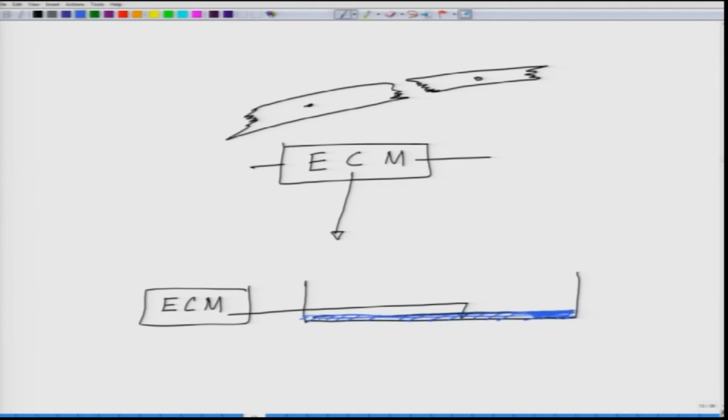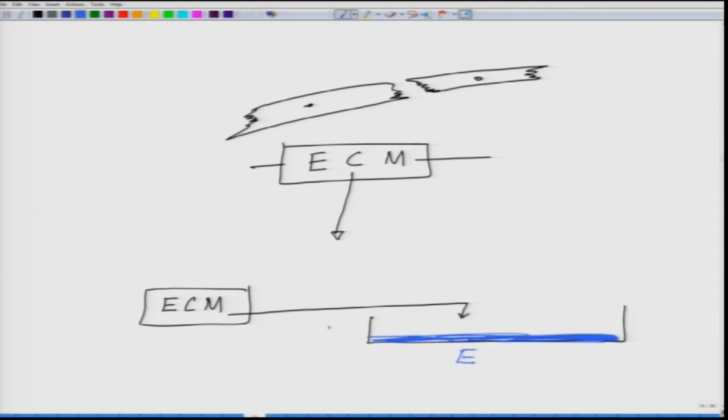Now, since I am talking about extracellular matrix protein, one can have a hypothesis. Say, for example, I mark this extracellular matrix as blue.